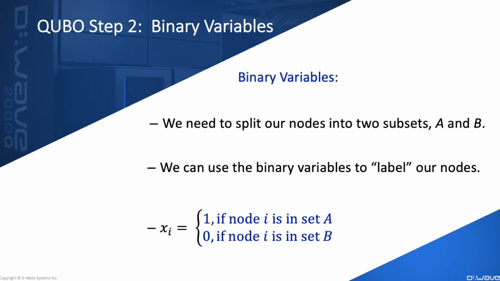We'll say that x sub i, so x sub 1 is for node 1, for example, will be 1 if node 1 is in set A, and it'll be 0 if node 1 is in set B. And so binary variables are a natural fit with graph partitioning for this reason. They're either in one set or the other.